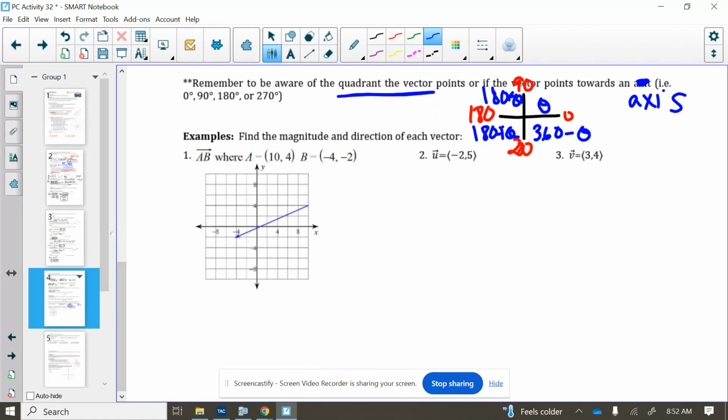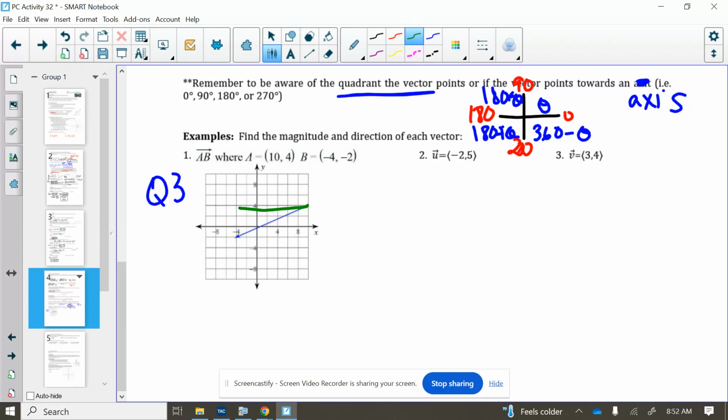For our first example, we are given a picture. And notice if we moved this vector to standard position where it's starting at 0, 0, it would be pointing down towards the third quadrant. So you want to keep that in mind, especially for that direction. Now the component form of this graph is moving to the left 14 units.